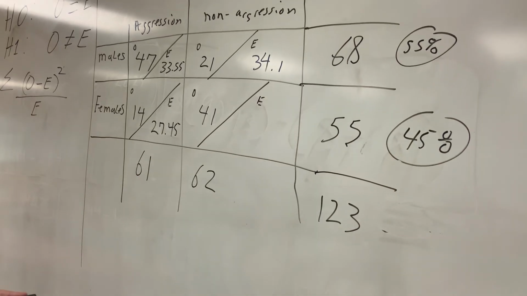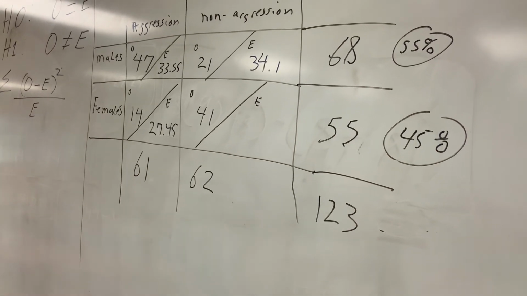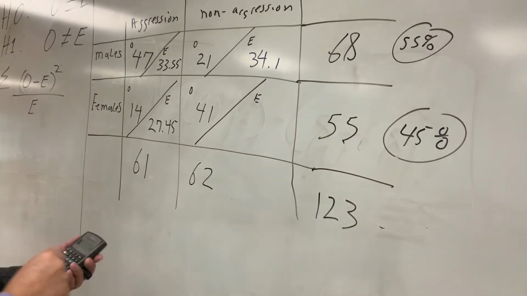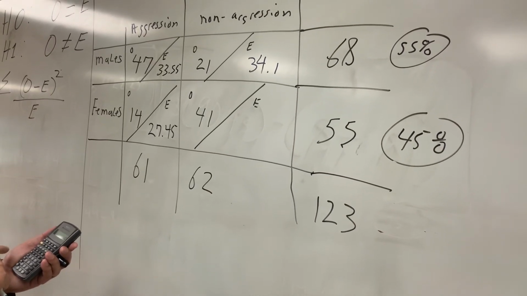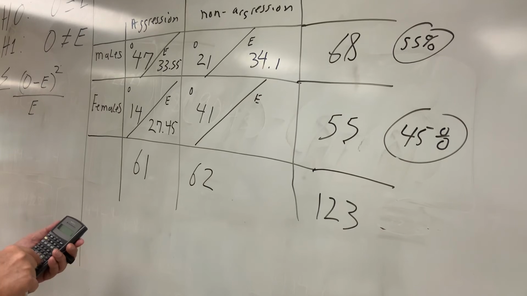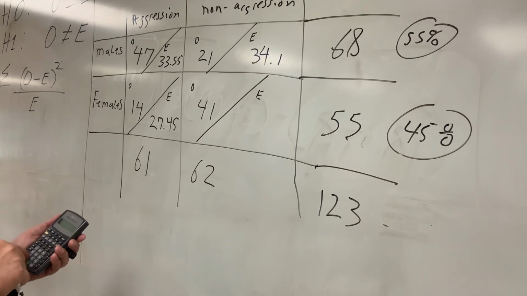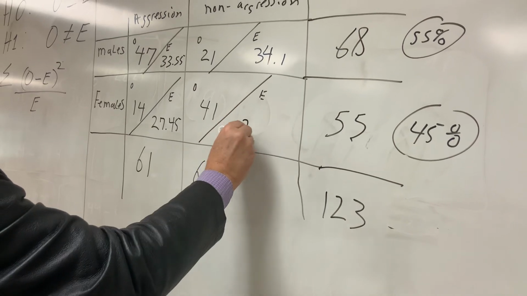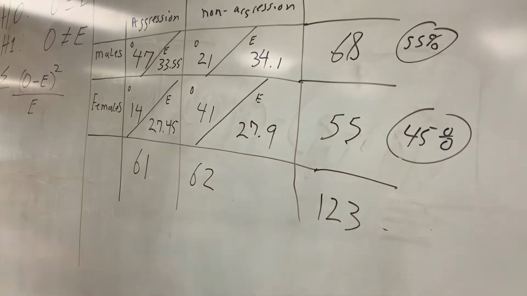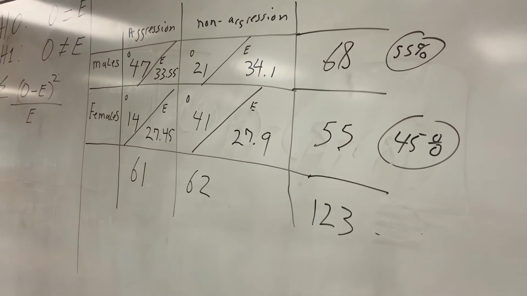Same thing here. I'll take 62, multiply it by the percentage of 45%. So I'll take 62 and multiply that by 0.45, and I get 27.9. So those are my expected values.